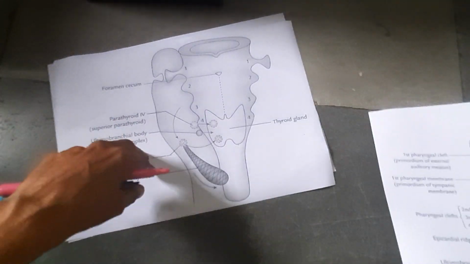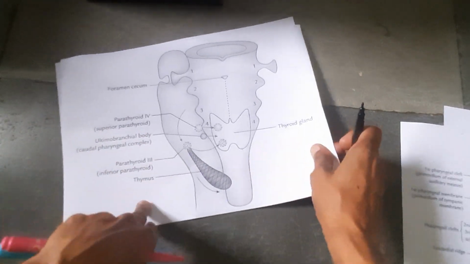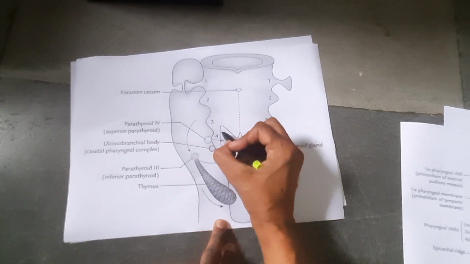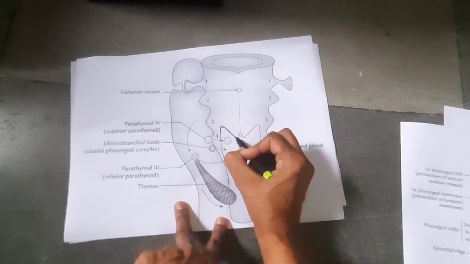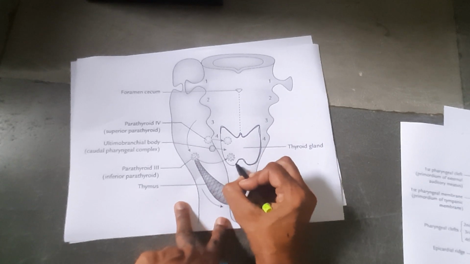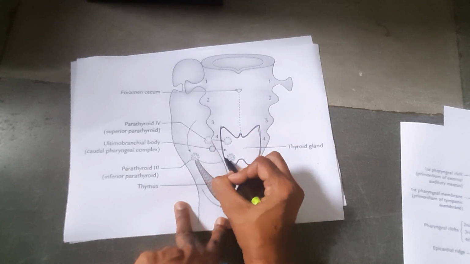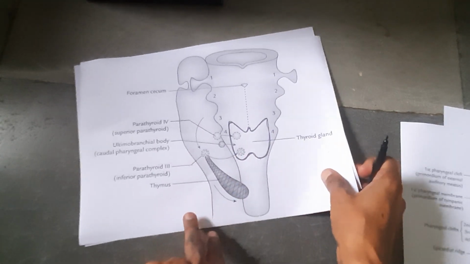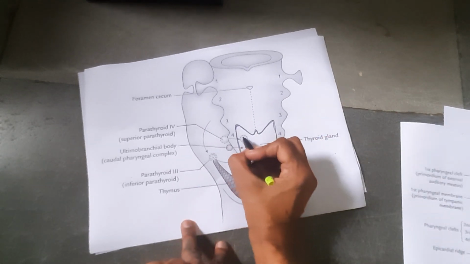Okay, if you see in an adult case, this is the posterior aspect of the thyroid gland. Okay, and on the posterior aspect of the thyroid gland, the two parathyroid glands will be present, on either side.